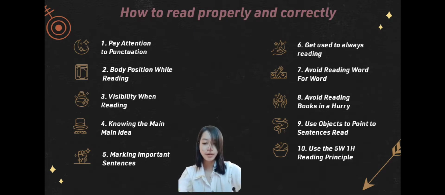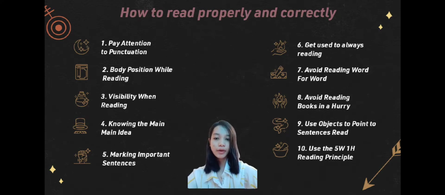2. Body position while reading. The correct body position will make you feel more comfortable and make reading easier. 3. Visibility when reading. Reading at the right distance will make you more focused and clearly understand the contents of the reading.